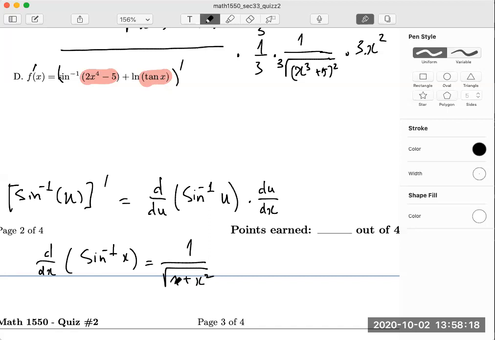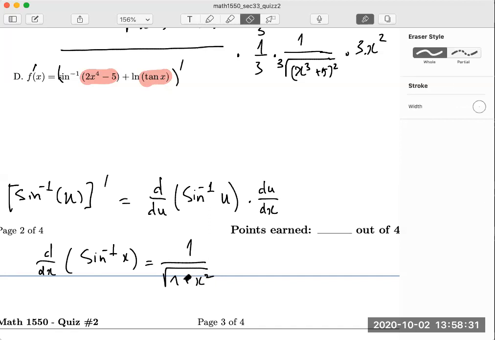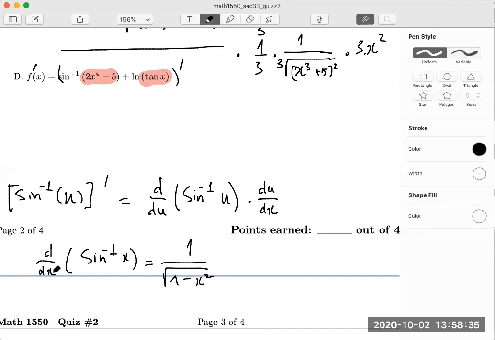Can you double check it? I think so. Yeah. The derivative of sine inverse will be 1 over the square root of 1 plus minus, right? Sorry, 1 minus x squared. This is the variable x, but in our case, it is the variable u, okay?